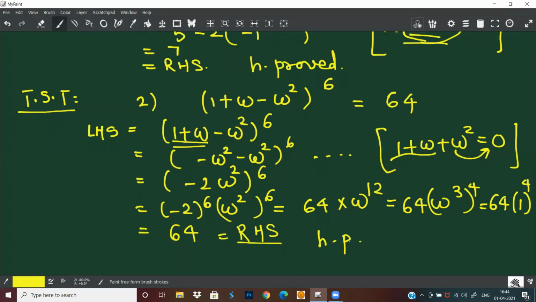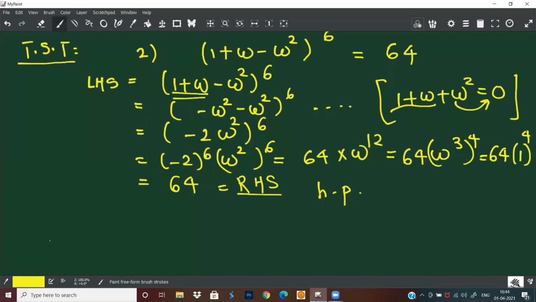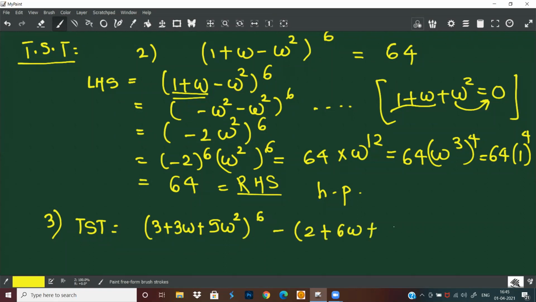See if anybody has a doubt. To show that, please try this.